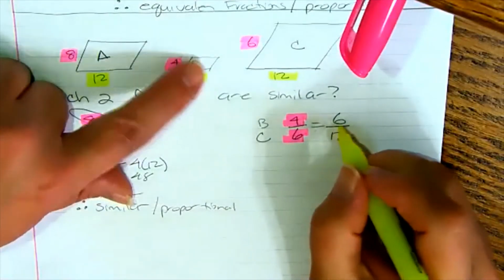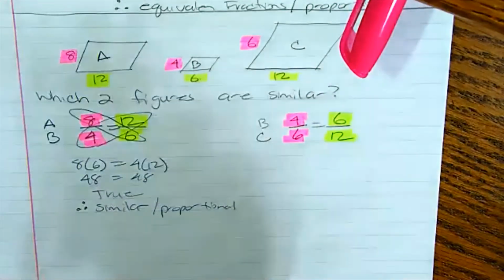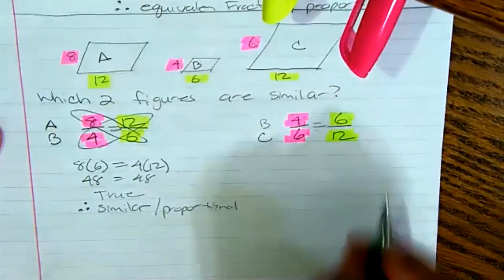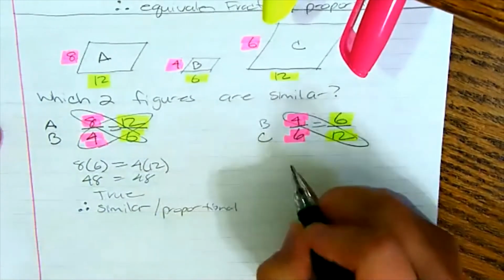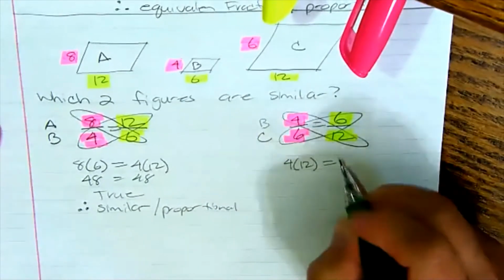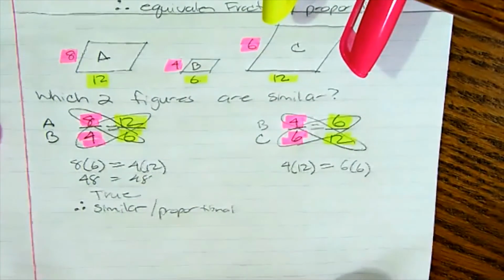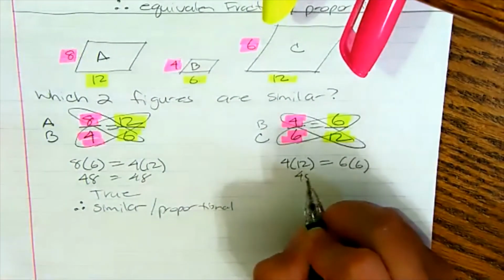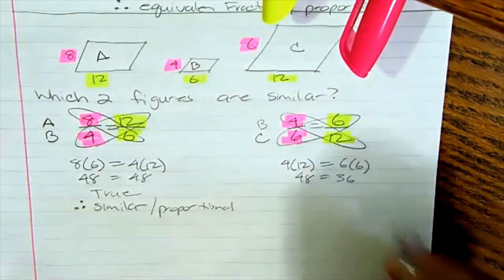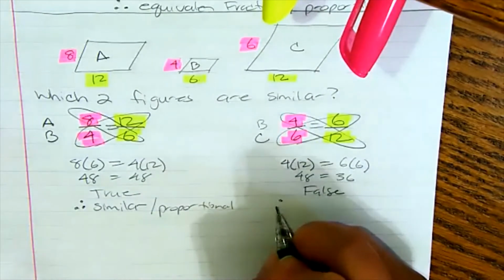And this width, 6, corresponds to this width, 12. So let's cross multiply. 4 times 12 should be equal to 6 times 6 if they are proportional. 48 equals, oh, this is a false statement.